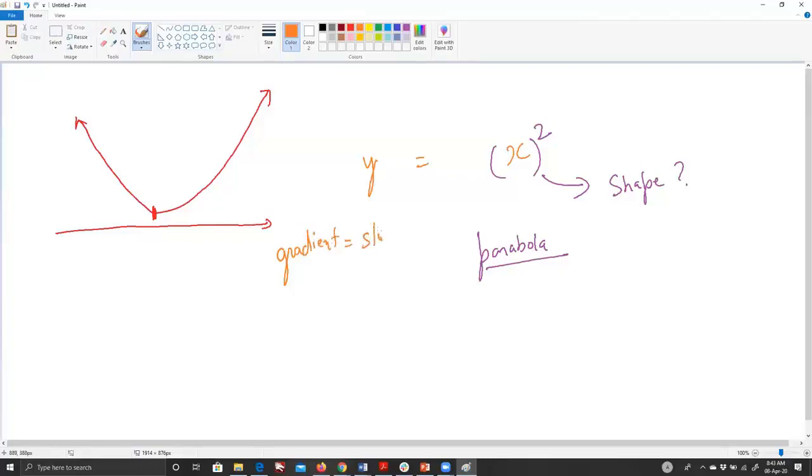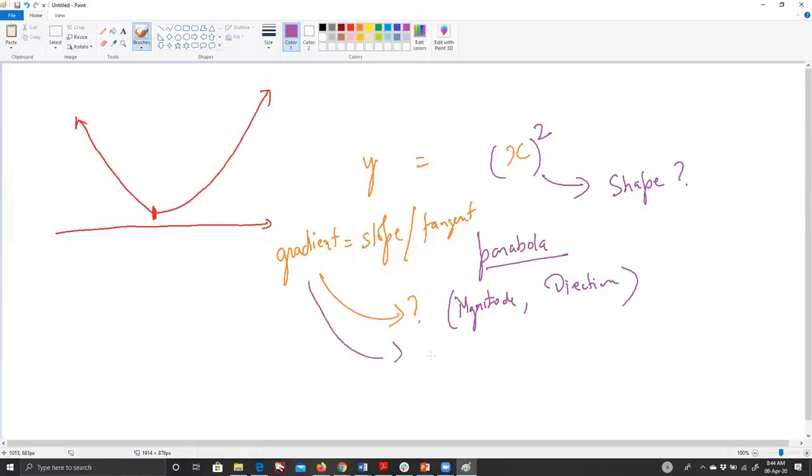Some people say slope, or some people also call it tangent. What is the purpose of gradient? Why are you using gradient? The gradient value will give you the magnitude, of course, as well as direction. I will explain how.